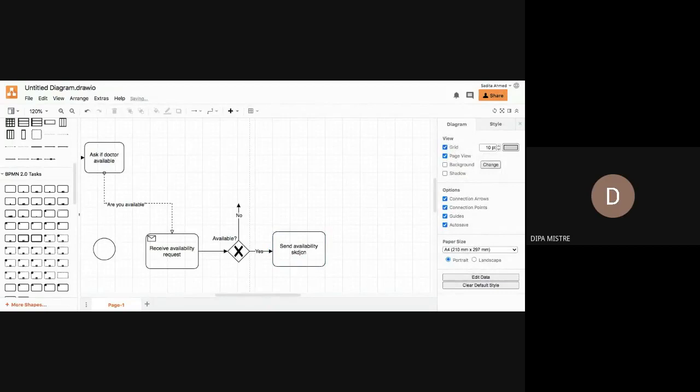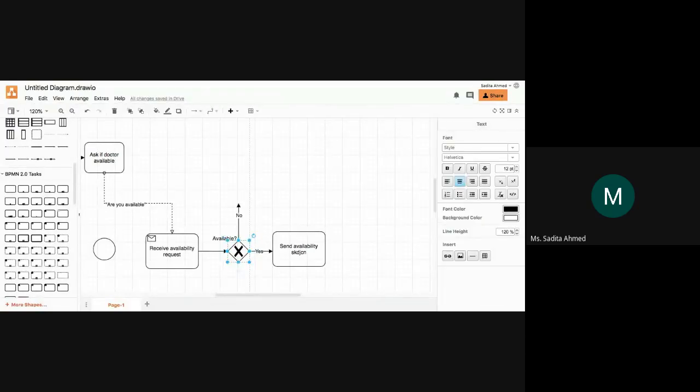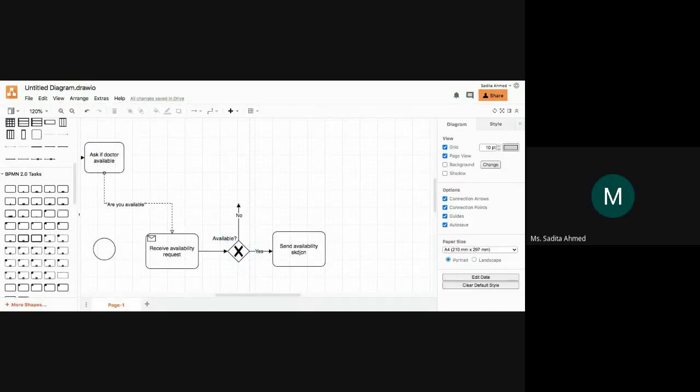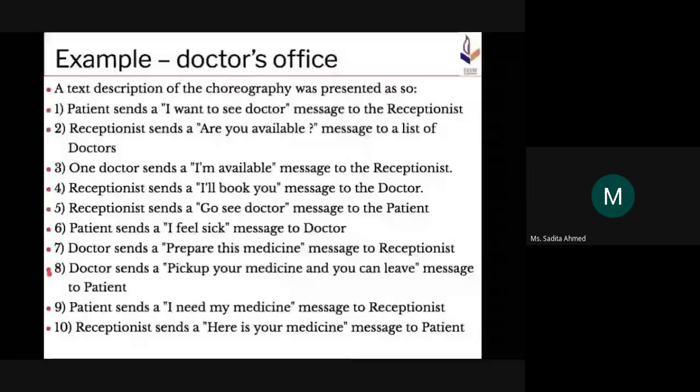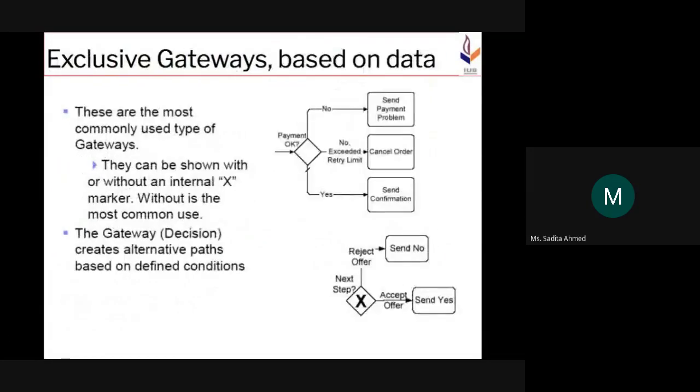Why did I put a cross in the data-based exclusive gateway? I didn't understand. This is the exclusive gateway notation, all right? Earlier there was no marker on the gateway, either one of those. If you go back to the slides, actually an exclusive gateway can be represented in either way. It could either be empty or you can see here both of these are exclusive gateways. Either with an X or absolutely with no markers. Both of them are data-based exclusive gateways.